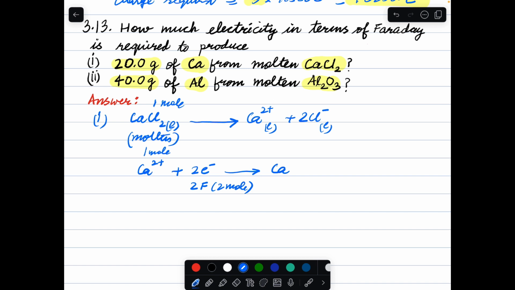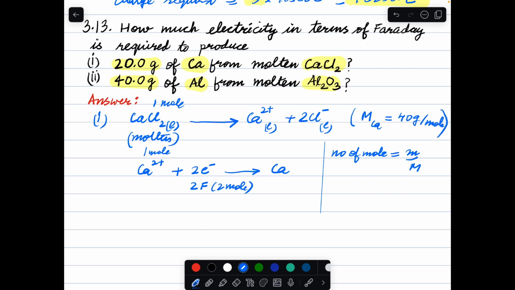Now we will apply the mass. What we have to calculate first is the number of moles. Number of moles is equal to mass over molar mass. This is a general formula. The molar mass of calcium is 40 grams per mole.